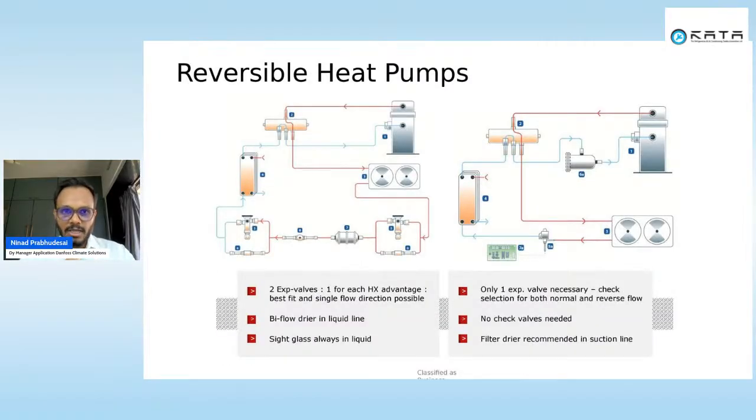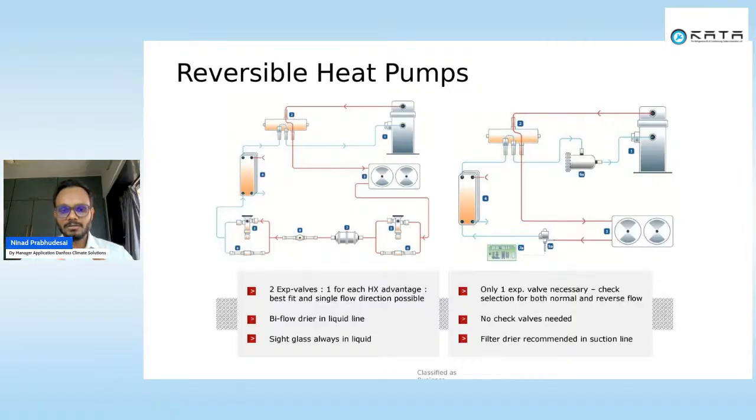The other type is basically the reversible heat pump. We also call it a chiller slash heat pump, because on the cooling side it gives you the working of the chiller, and on the heating side it gives you the working of the heat pump.